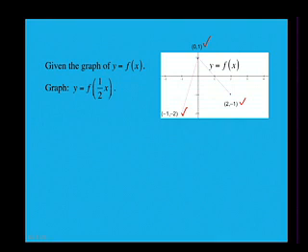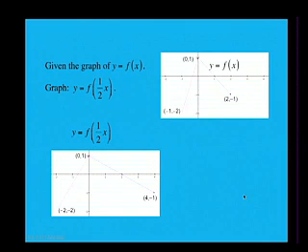What we have is the new graph down below, y equals f of 1/2 x. And what you'll notice is that we got what we expected, which was a stretch horizontally of the graph.